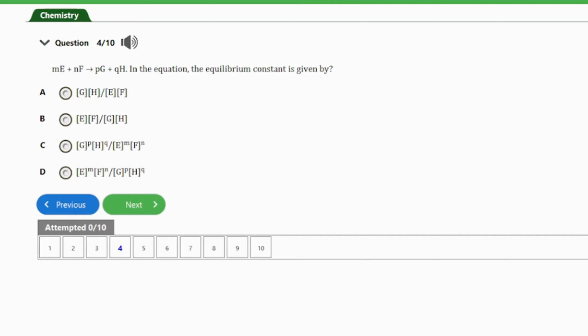Question number 4 here. It says mE plus nF yielding pG plus qH.